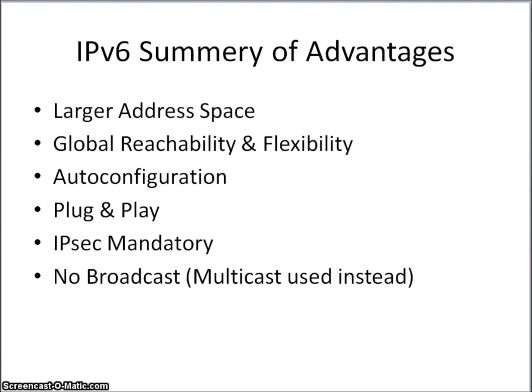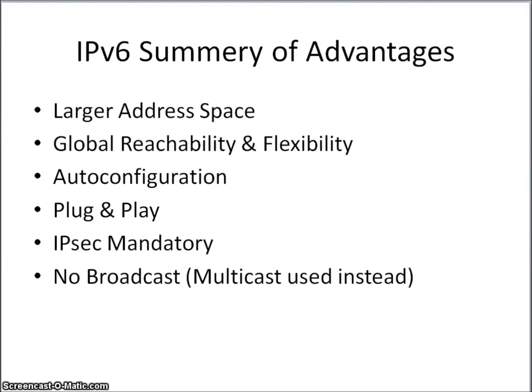And IPv6 has auto configuration. That means it's auto configured in the computer. So if you have an IPv4 address, it can be converted automatically to an IPv6 address. It's plug and play, which means it's the same thing as auto configuration for the most part. Any device that has the new IPv6 will just work automatically.